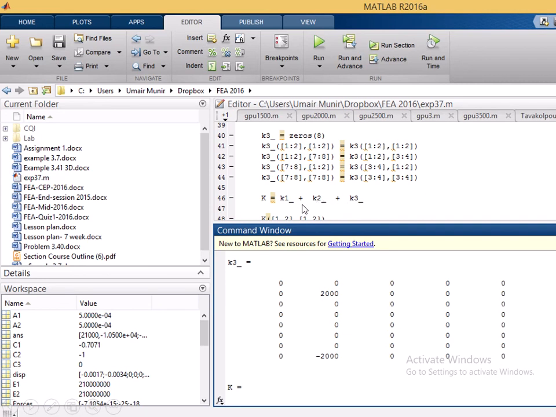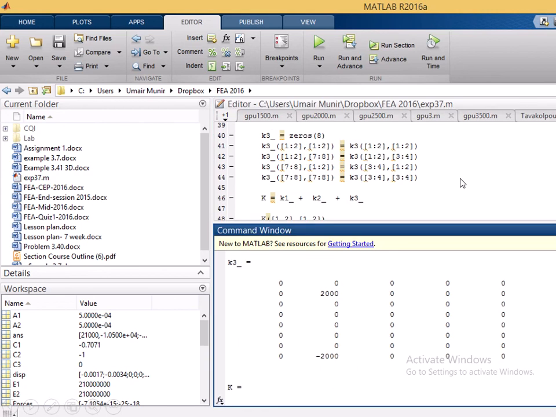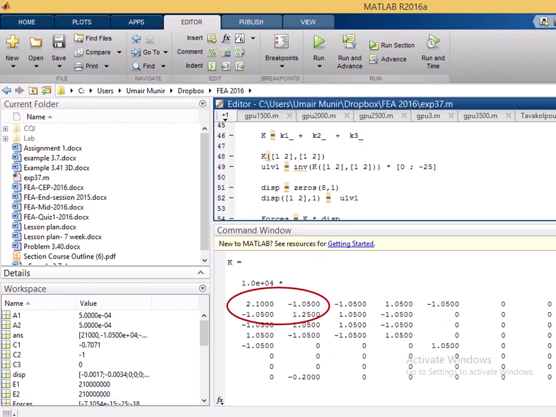We have first converted K1, K2 and K3 into 8 by 8 matrices, then added them to form the global stiffness matrix. After forming K, we will now find the displacements.